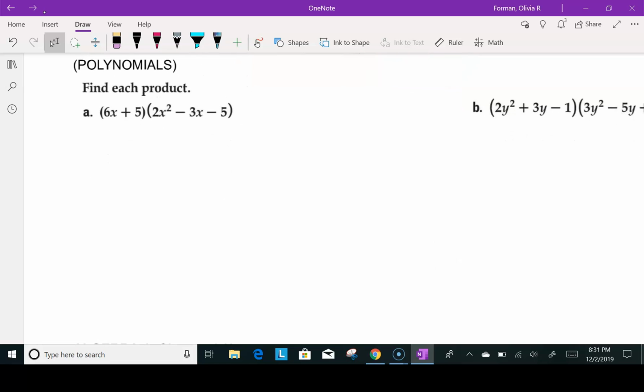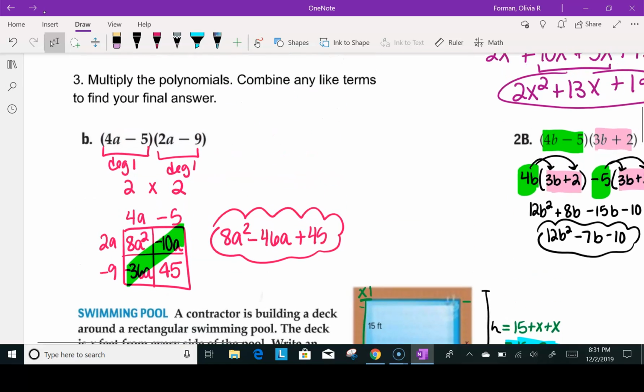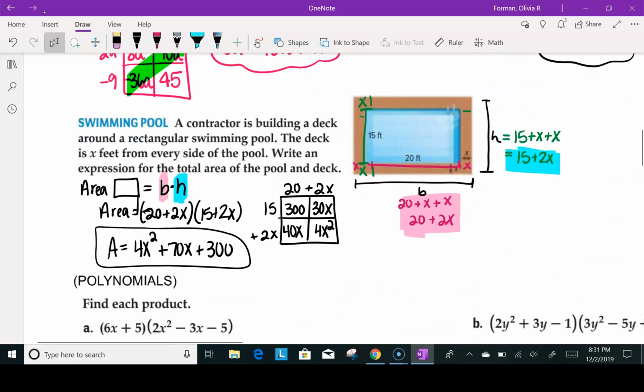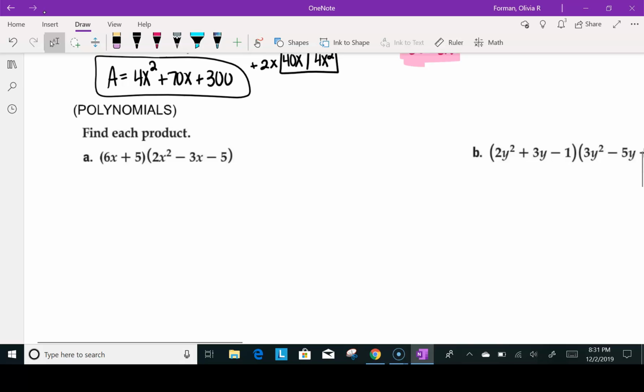Now, if you look at this next section, before it said binomials, so we always had two-term polynomials being multiplied by two-term polynomials. Here, we're going to mix it up. There's going to be a little bit extra, okay? So again, to do your box method, if I go and find the degree here, my degree is equal to 1.